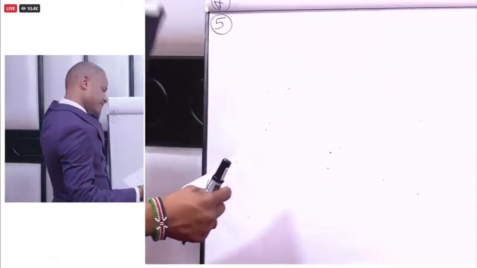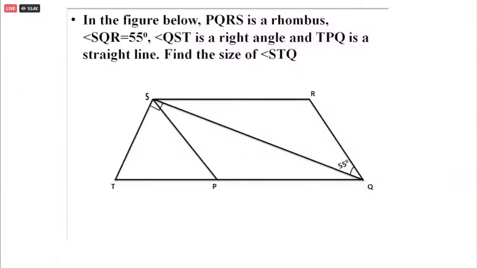Question 5. In the figure below, now these are different ways by which angles can be set. And I can assure you, class, these questions for angles are going to come. They are going to come. In the figure below, we draw the figure. PQRS is a rhombus. So we draw the figure.